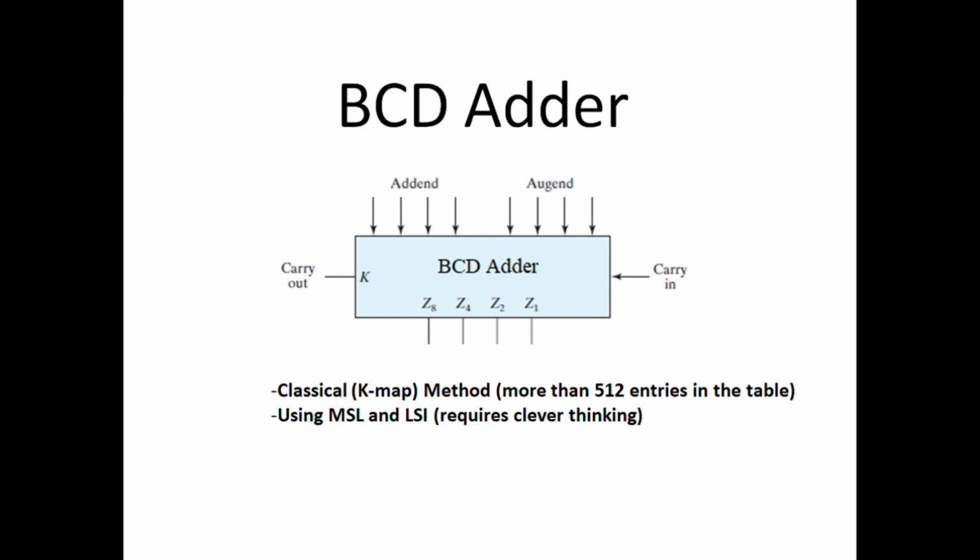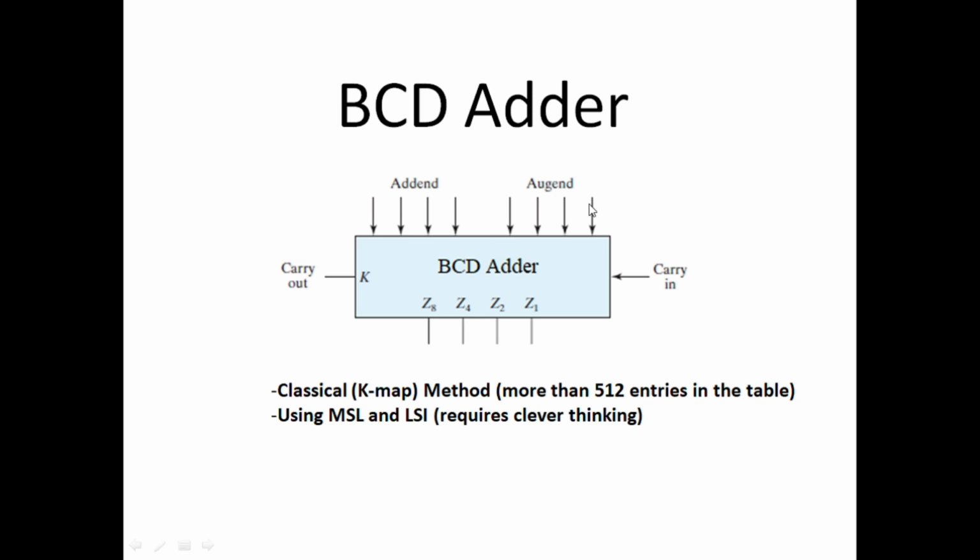The diagram shows that a BCD adder adds two BCD digits. Here there is one BCD digit encoded as a 4-bit code, binary coded decimal, and there is another BCD digit which is also encoded in a 4-bit code. So each digit is a BCD digit 0 to 9.